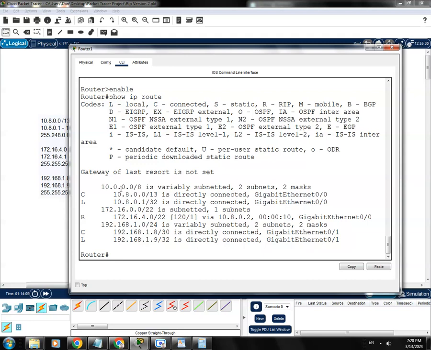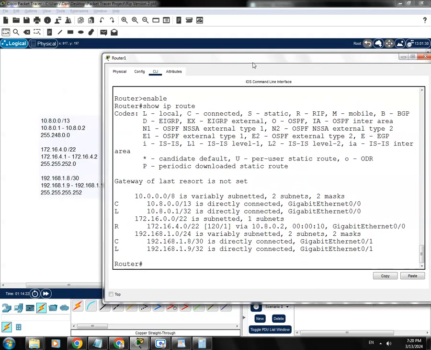Here, this is the parent route, and it says 10.0.0.0/8 is variably subnetted into two subnets and two masks, which is true because we subnetted this network.